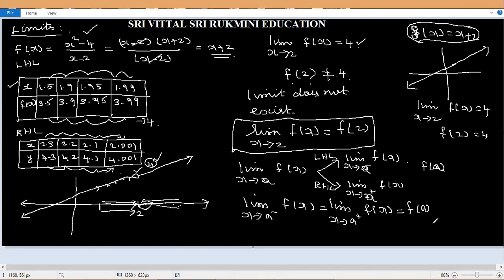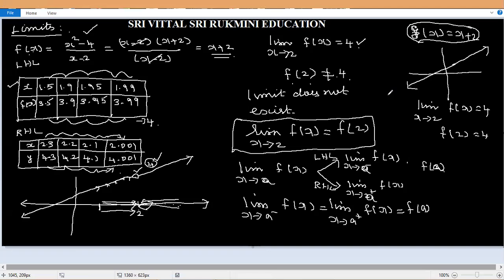Limits: when the value of x approaches a particular point, f of x approaches a particular value. So limit x tends to 2 of f of x is equal to 4 means that as the value of x approaches 2, f of x is approaching 4. That's it.